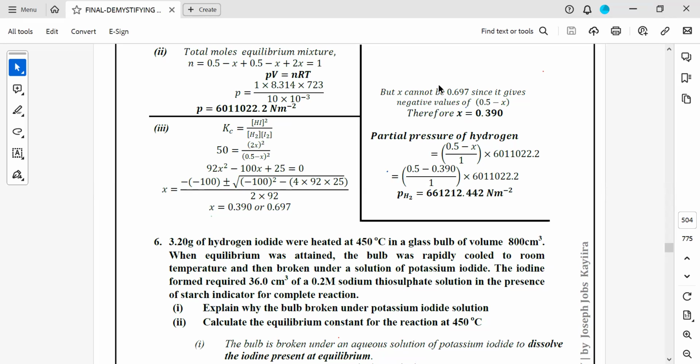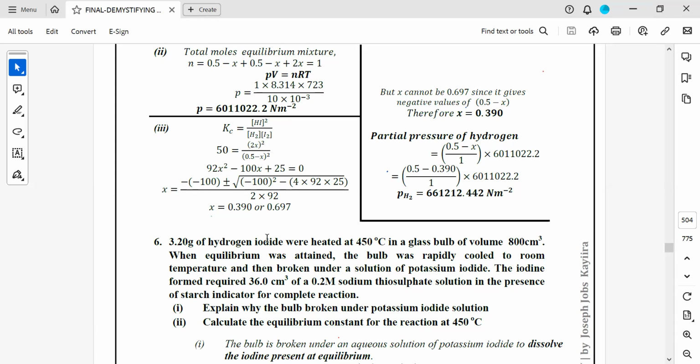The iodine formed required 36.0 centimeters cubed of 0.2 molar sodium thiosulfate solution in the presence of starch indicator for complete reaction.